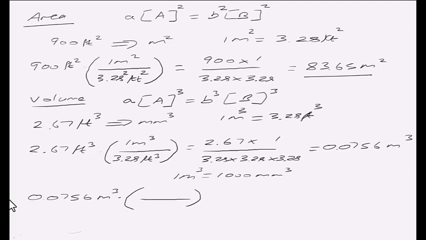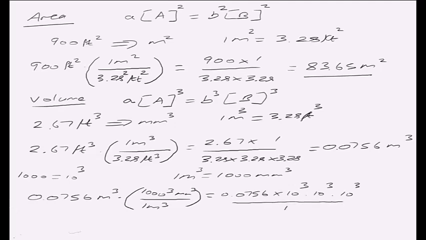Write out our conversion. 1 meter cubed is 1,000 cubed millimeters cubed, and 1,000 can be written as 10 to the 3, and so we end up with 0.0756 times by 10 to the 3 times by 10 to the 3 times by 10 to the 3, which gives us a value of 75,600 millimeters cubed.